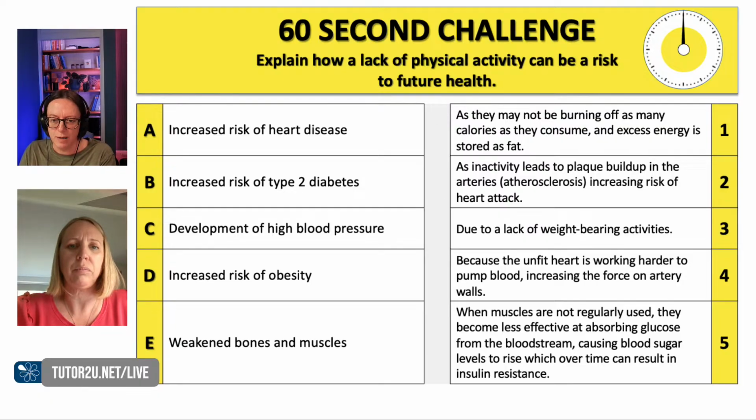So you've got your A, B, C, D, E are your risks, and then your 1, 2, 3, 4, 5 is the explanation of those risks, because this is an explain question. We have to explain what or how is happening. So we'll give you 60 seconds to match up the A, B, C, D, E to the 1, 2, 3, 4, 5. Okay, here we go.